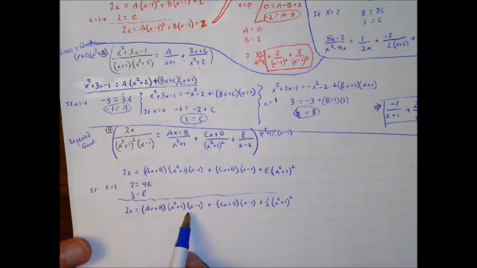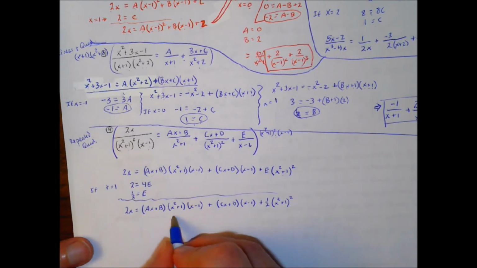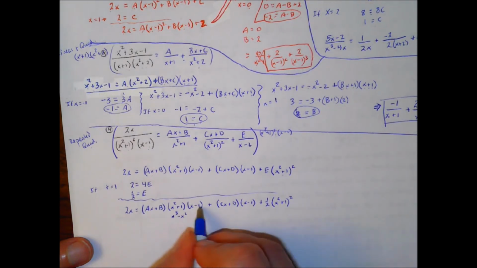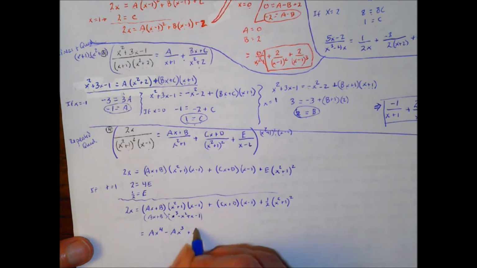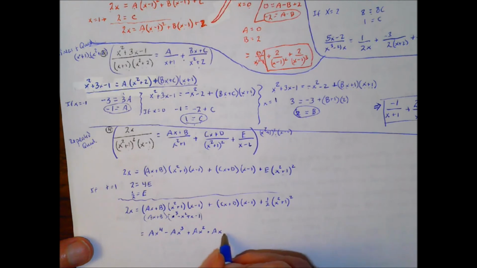I know that this times this is going to be x to the third minus x squared, if I multiply through, plus x minus 1. And if I take that and multiply it by this, ax plus b, distributing through, I would have ax to the fourth minus ax to the third plus ax squared plus ax, minus a, because minus 1.